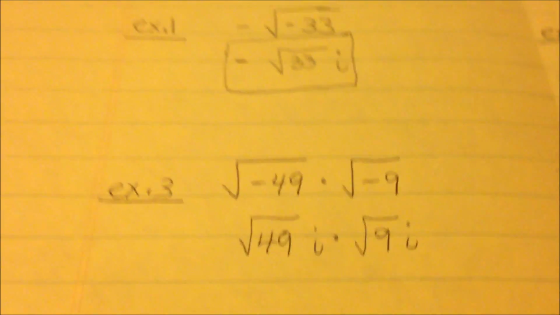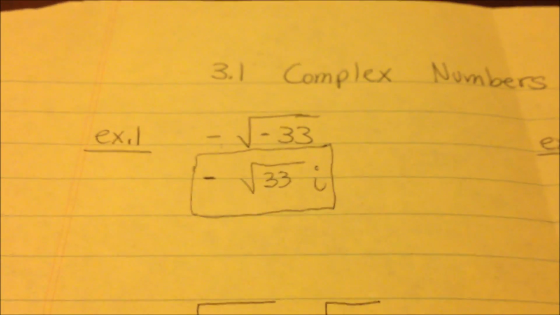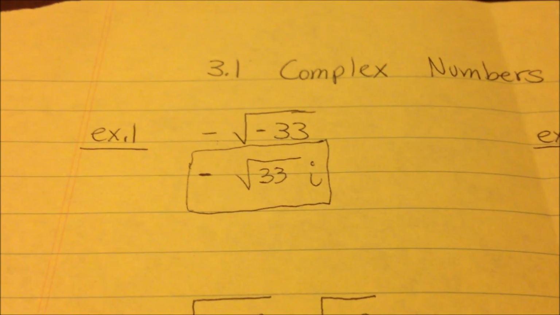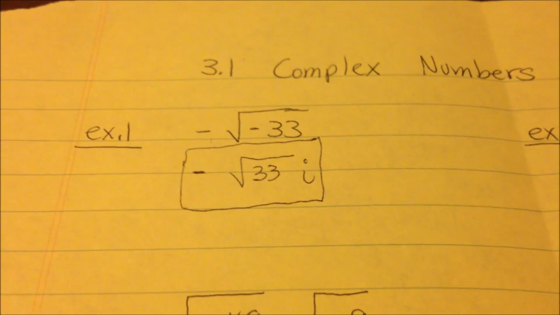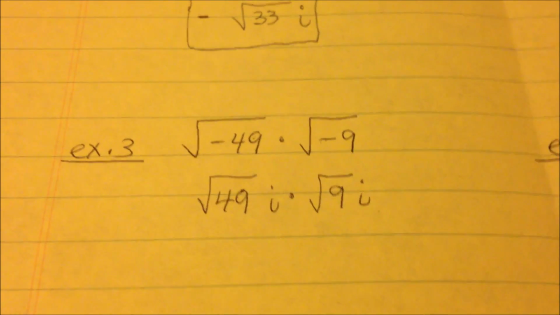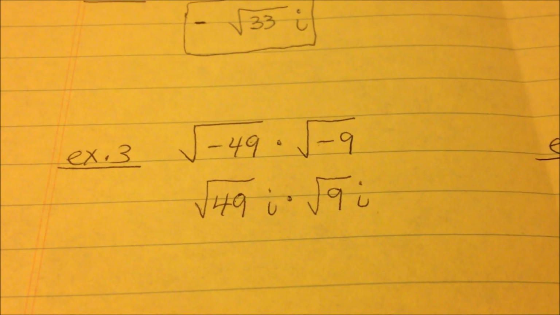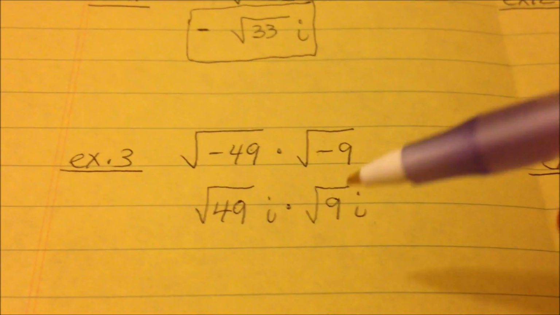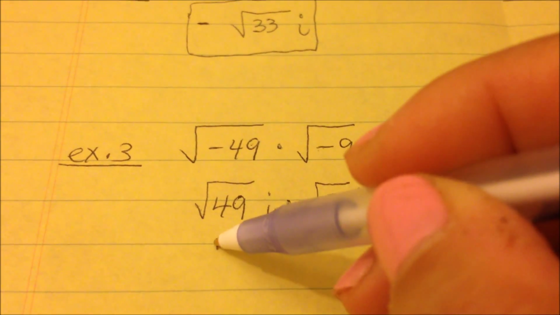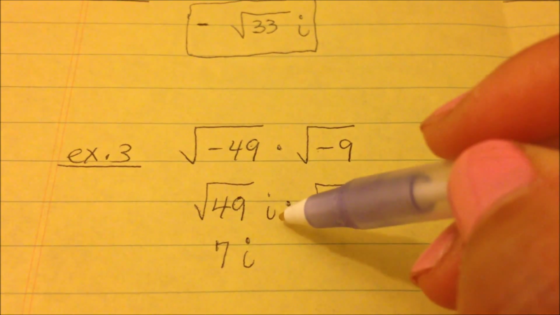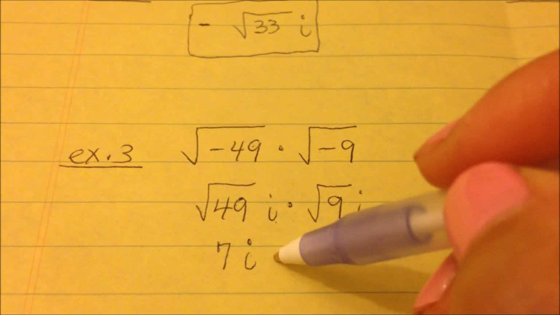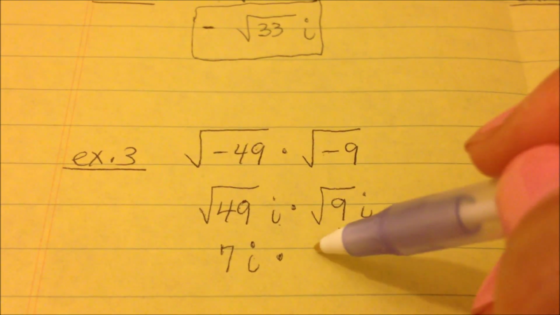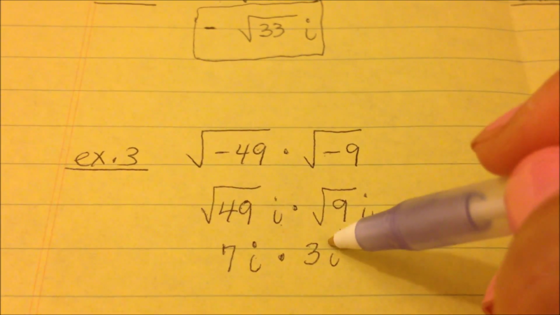In problem number 1, 33 we said was a prime number, so there was nothing we could do with that, so we kept it that way. But square root of 49 and square root of 9, those are actually perfect squares, so we can take them out. Square root of 49 is 7, so we have a 7i, times the square root of 9, which is 3, so that's 3i.